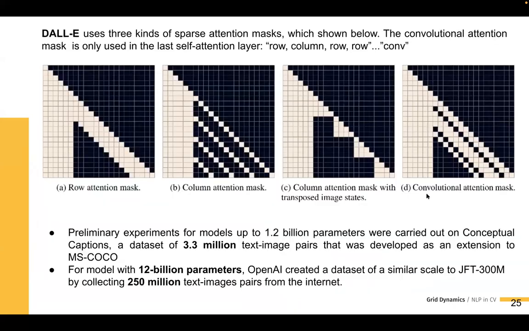One trick detailed here is that they used a different attention mask in their layers. You can see that the first tokens are always attended, because these first tokens are text tokens. And an image token can attend only inside a window region, not to the whole picture. And the model is very huge, basically 12 billion parameters, trained on 250 million images.